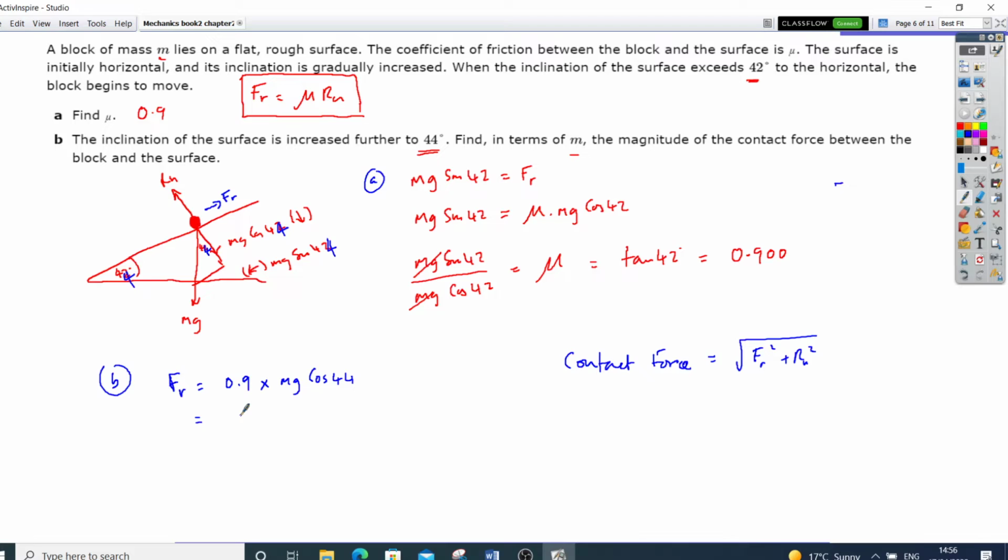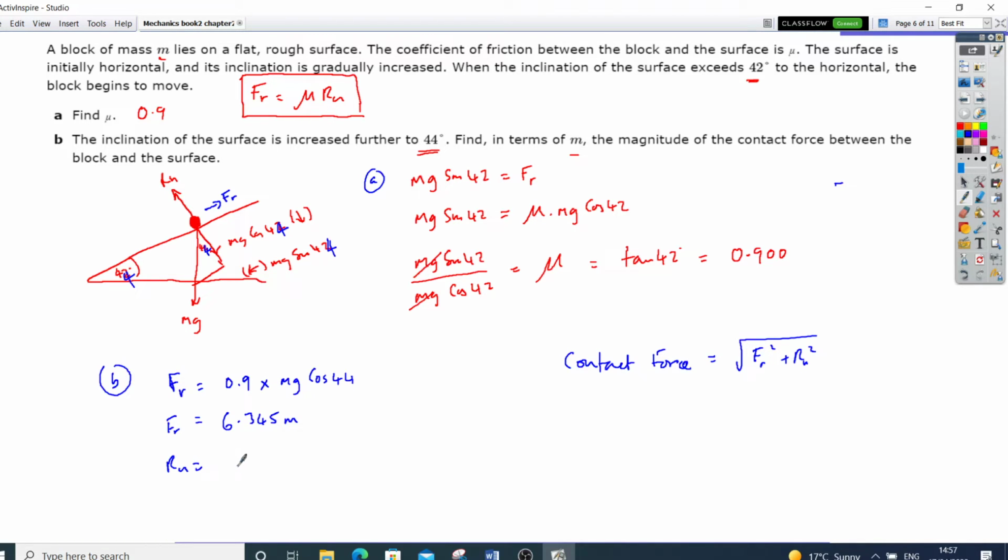We're going to get 0.9 times 9.8 times cos 44, so we've got 6.345 m. Okay, that's the friction.